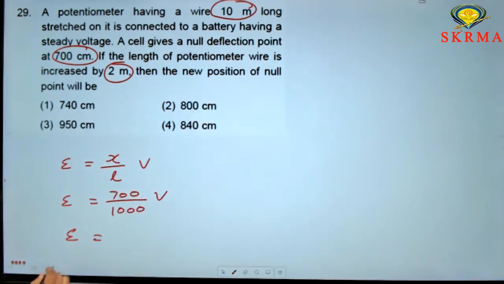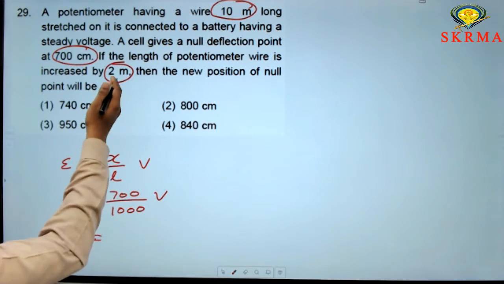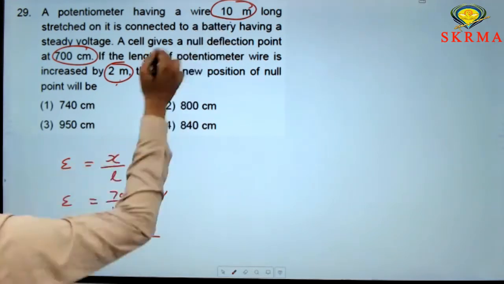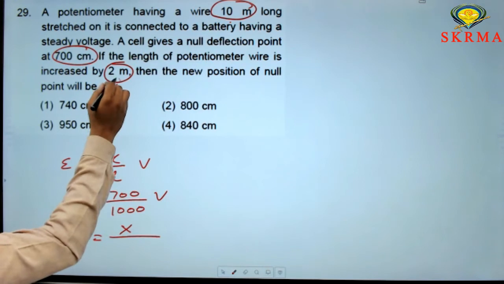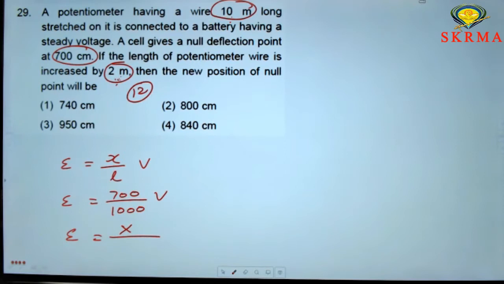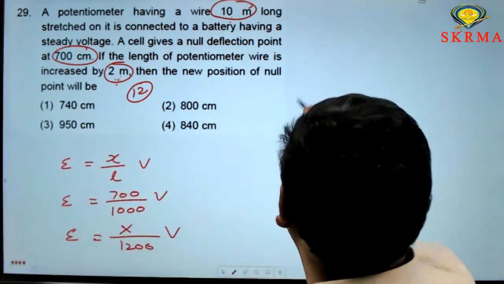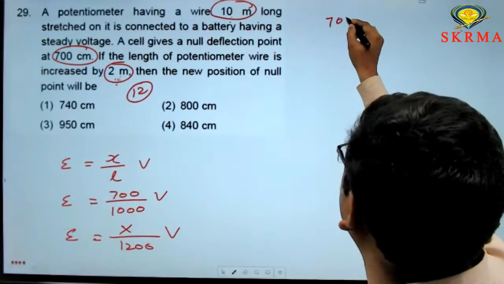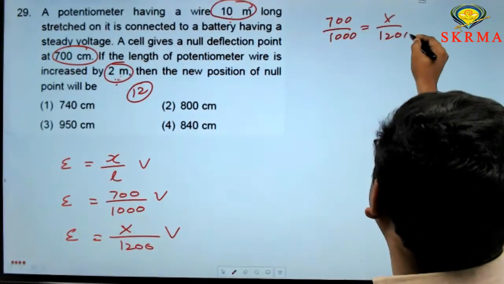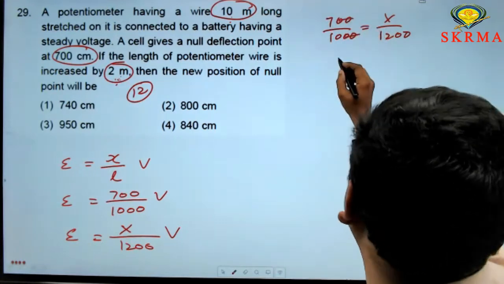Next, in the second case, same battery, but the length is increased by 2 meter. So let it be X by 1200, since 10 becomes 12. Increased by 2 meter means initially 10, increased by 2 becomes 12. In terms of centimeter, 1200 centimeter into V. Now take the ratio between these two, then you will get the answer. 700 by 1000 equal to X by 1200. So cancel similar terms.